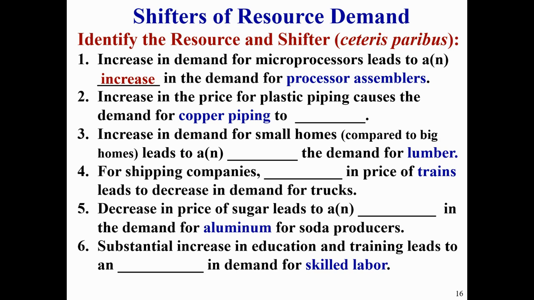So here, an increase in the price for plastic piping causes the demand for copper piping to increase. So what are plastic piping and copper piping? They are substitute goods.